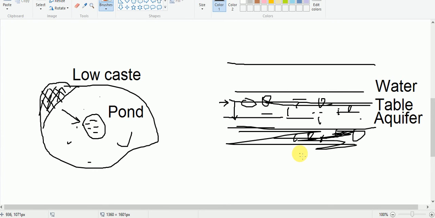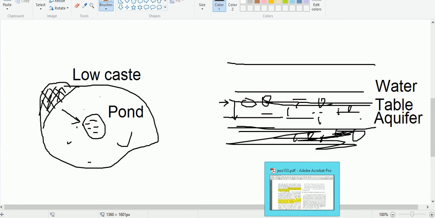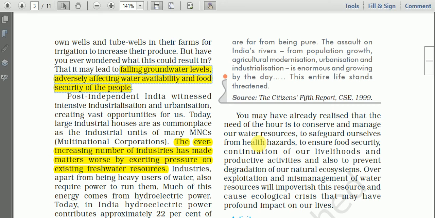Once it is totally dried up, it will be very difficult to recover. Once the water level is lowered, the concentration of chemicals in the groundwater will increase. This is an important consequence of the overexploitation of water resources.